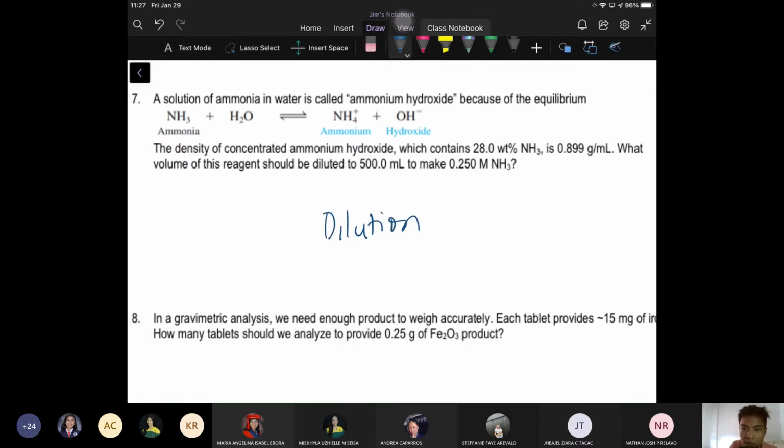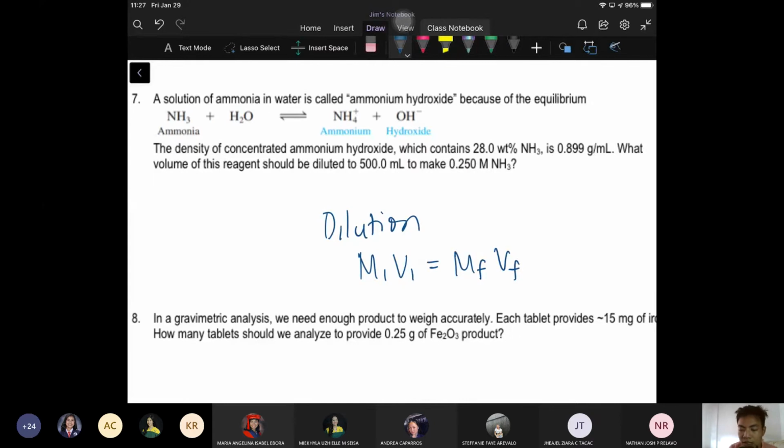This is our dilution topic. And what's the formula for dilution calculations? MI, VI, MF, VF. If you multiply M and V, you get moles. So the initial moles is the same as the final moles of your substance. Only the molarity and the volume changed.